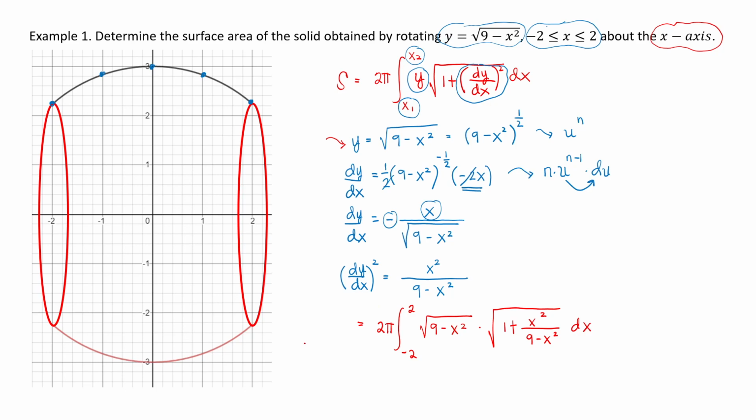Take note, if you plug this one in the calculator, it's very obvious that the calculator will have a hard time. So try simplifying it first.